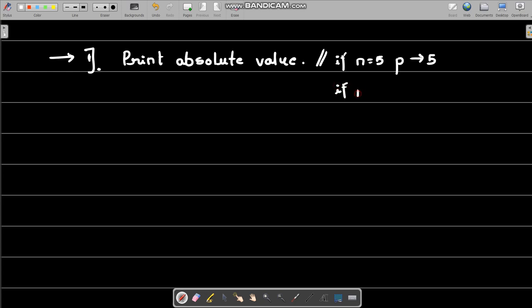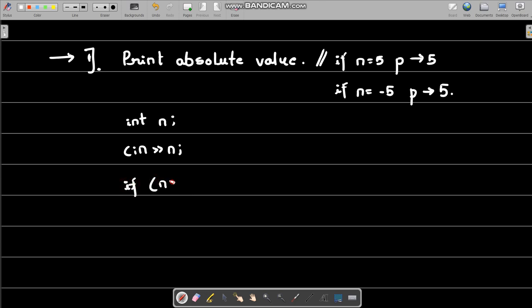And if n is equal to minus 5, then also print 5. It's so simple. First I will start my code with some logic, explaining the logic. So int n and cin n, and my logic goes here.